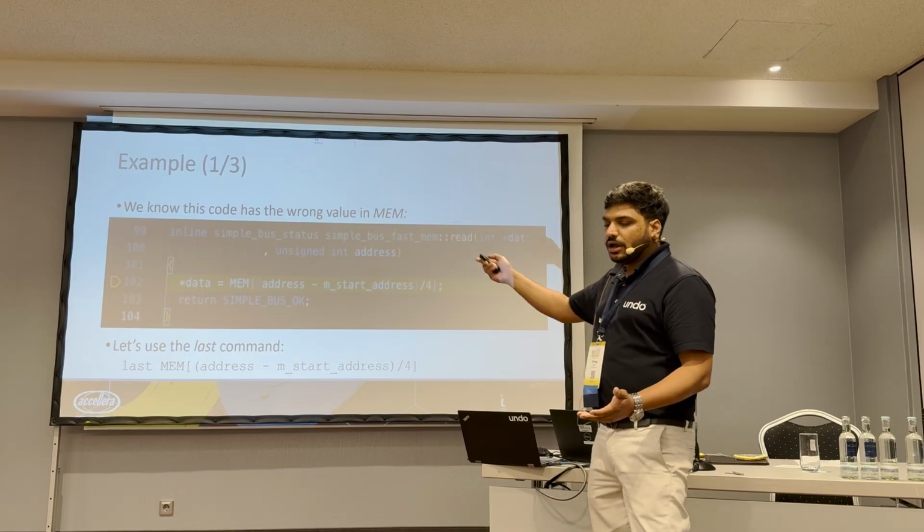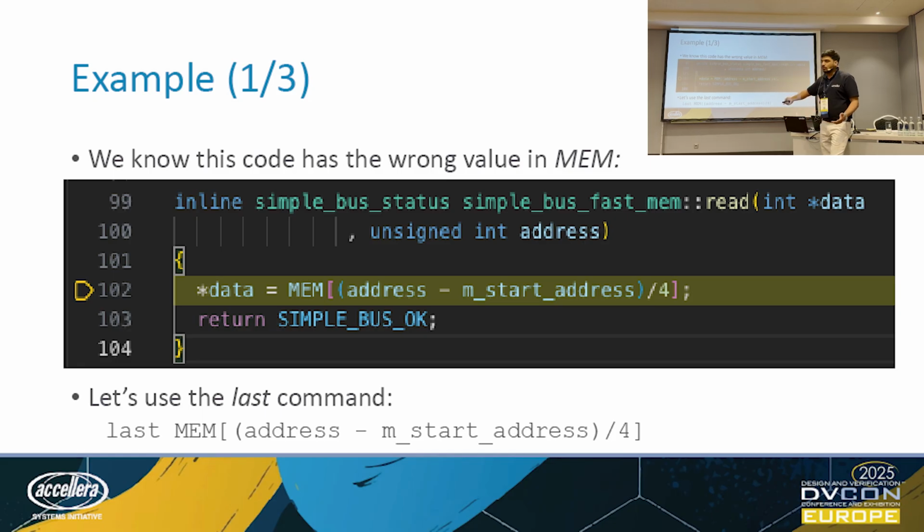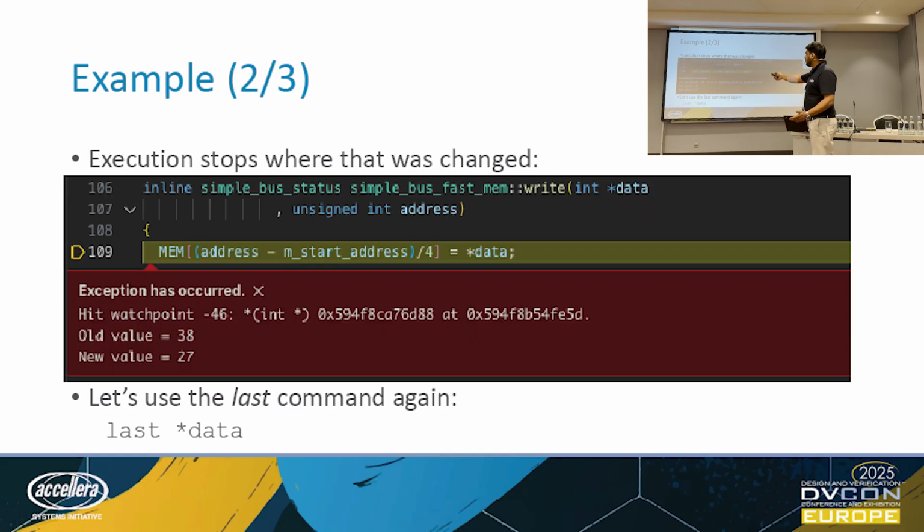What Claude did here in our current example was that it figured out that there is something going on with this variable, or this address location. So we did a last on that, and it should tell us who modified it last. Then it reached here, and it said, okay, the new value is 27, which is what we did, and so it just got updated.